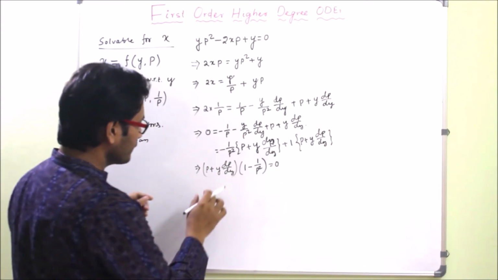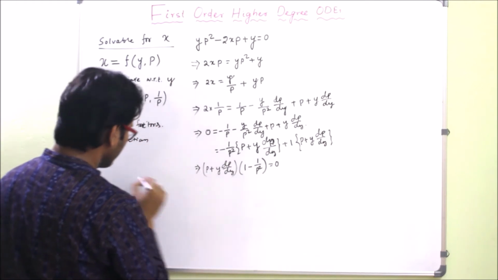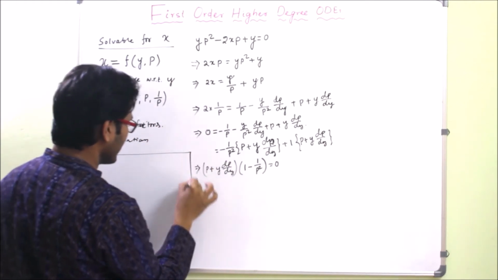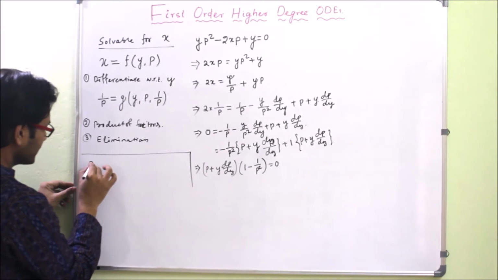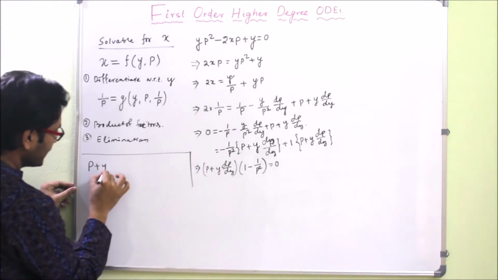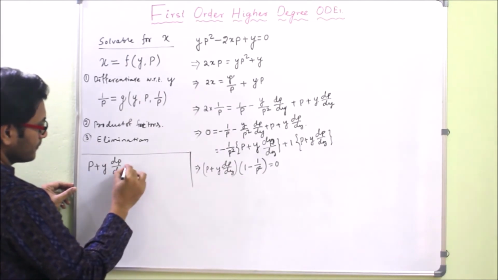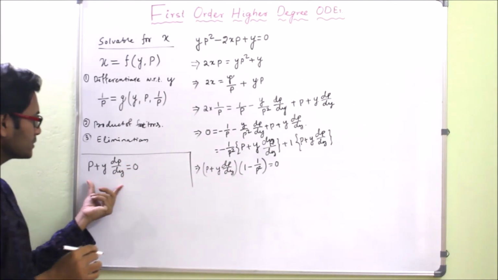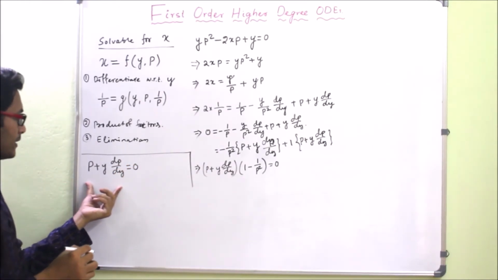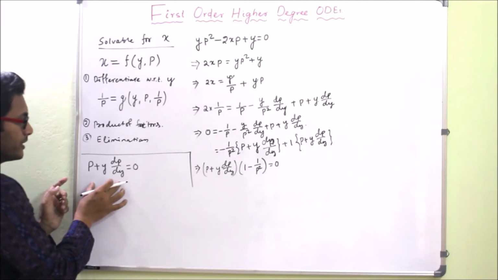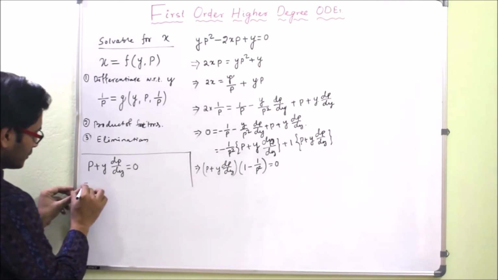Now we have to take the first factor, p plus y dp by dy, equal to 0. We have to solve this differential equation by integrating.